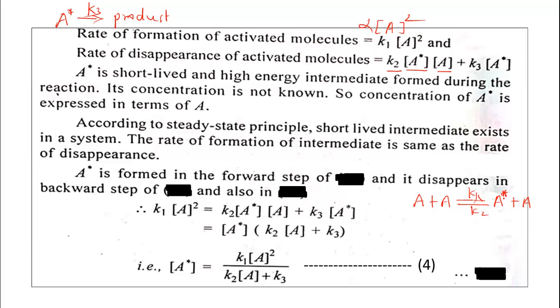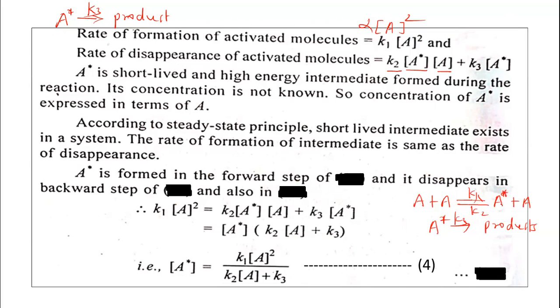This is the formation of the activated molecules, and the back process is the disappearance of the activated molecules. In the next stage, it decomposes into the products, with K3 as the rate constant. This is our mechanism of the unimolecular reaction. Now, according to the steady state approximation, A star is a short-lived intermediate that exists for a short time.